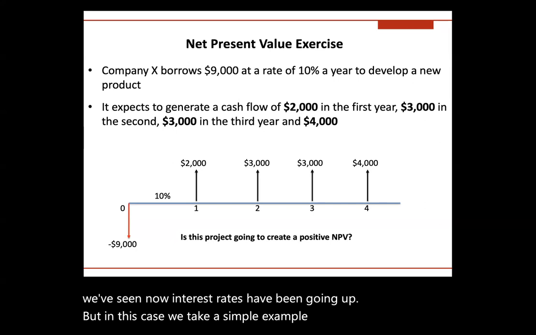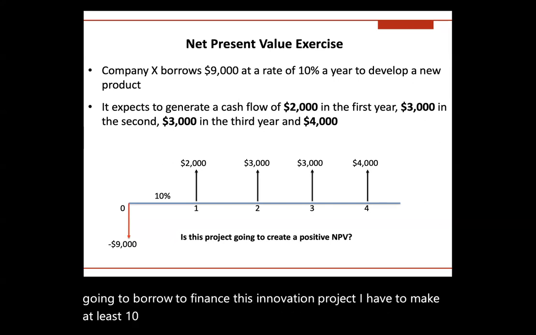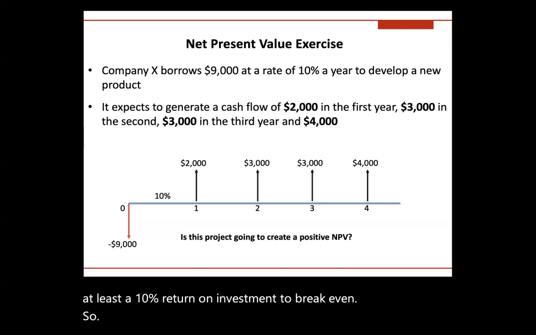Okay, so the $9,000 I'm going to borrow to finance this innovation project, I have to make at least a 10% return on investment to break even. So you do your calculations.